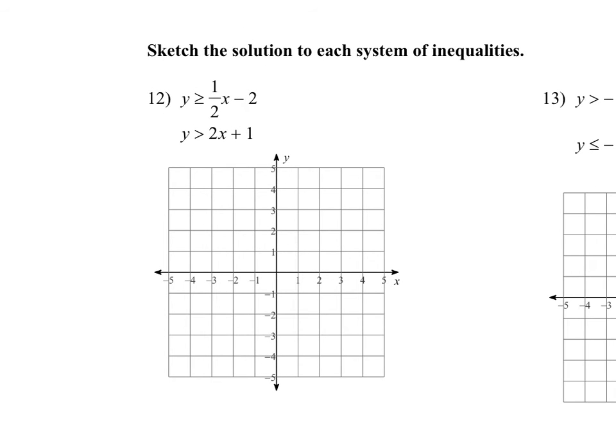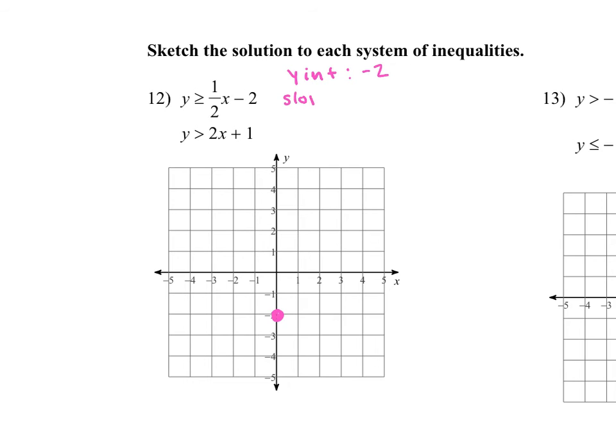So number 12, we need to sketch the solution to each system of inequalities. Looking at the first equation, what's our y-intercept? -2. So we put a point at y is -2.